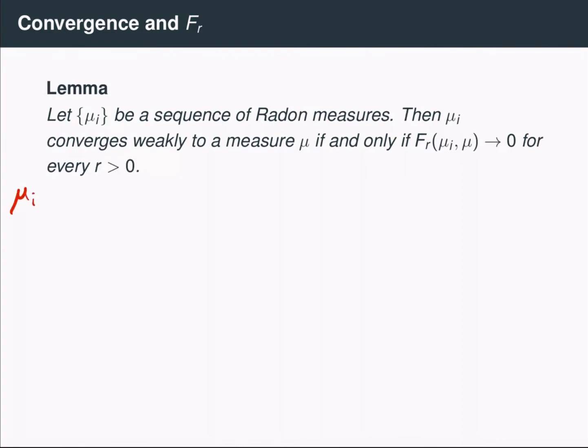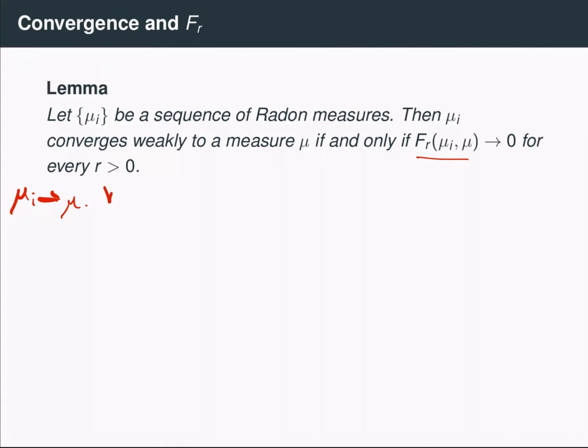So let's suppose we have a sequence of measures mu_i converging weakly to another Radon measure mu. Now recall from the definition of F_r of mu_i and mu, this was the supremum of differences of integrals over mu_i and mu of 1-Lipschitz functions supported in the ball centered at 0 of radius r. So what we're going to do is for each i, pick a Lipschitz function that almost achieves that supremum.